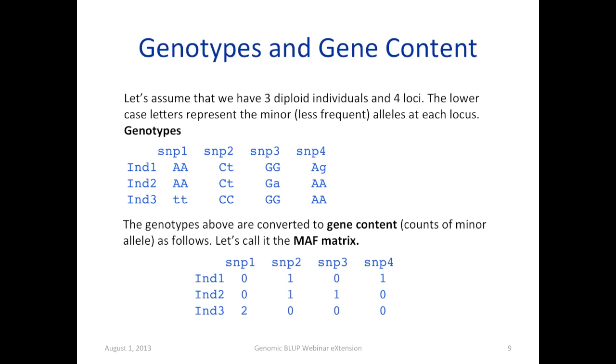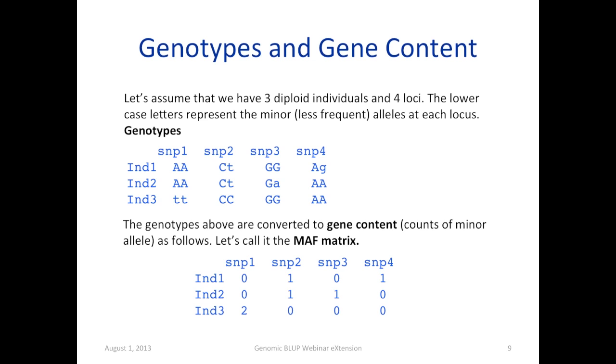I'm sure you are familiar with those words. Let's say we have 3 diploid individuals and 4 loci. And the lowercase letters represent the minor alleles at each locus, and the capital letters represent the major allele. So we have a matrix of the genotypes, 3 individuals, 4 loci.